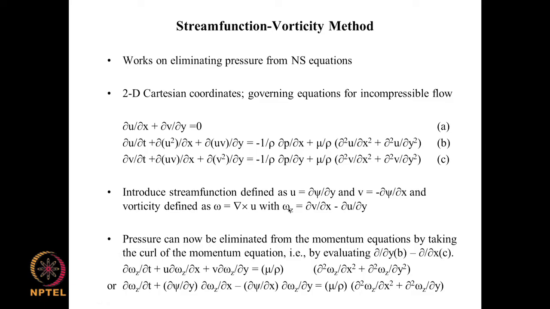And we also make use of this definition of ω_z to do this, and finally we get an equation like this. If you examine this equation, it is ∂ω_z/∂t, where ω_z is a function of x, y and t, plus u times ∂ω_z/∂x plus v times ∂ω_z/∂y equal to μ/ρ times (∂²ω_z/∂x² plus ∂²ω_z/∂y²).